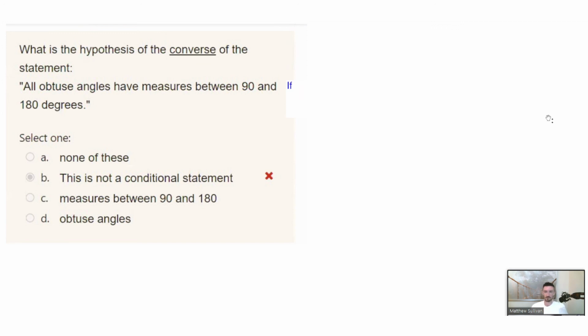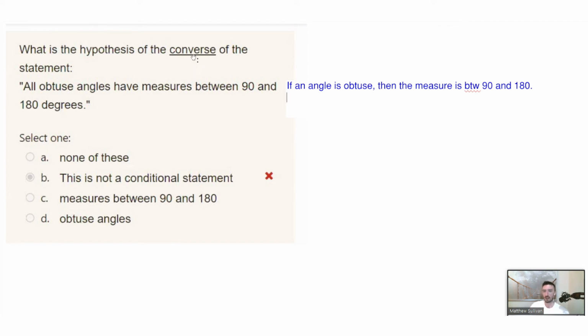It would start off with if an angle is obtuse, then the measure is between 90 and 180 degrees. Okay, so that would be the statement.